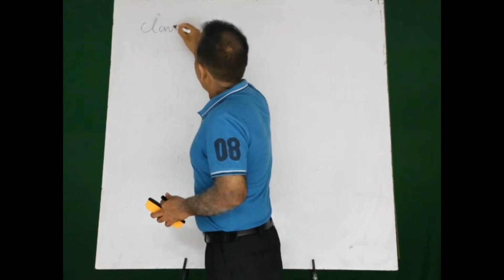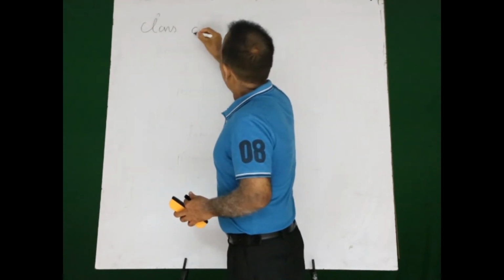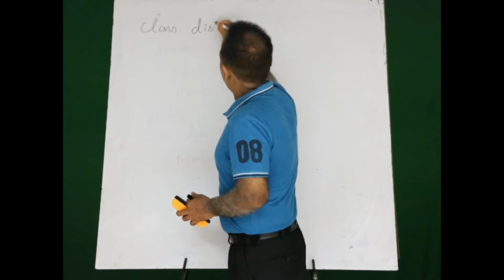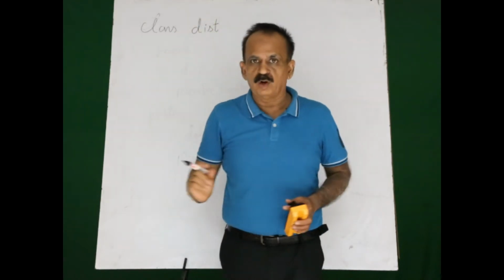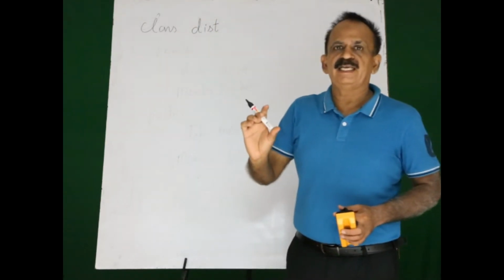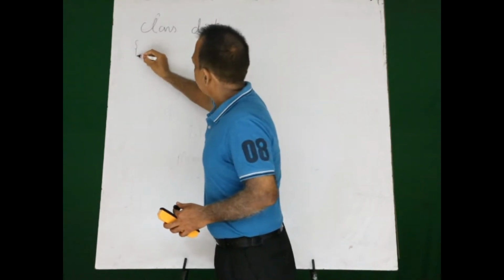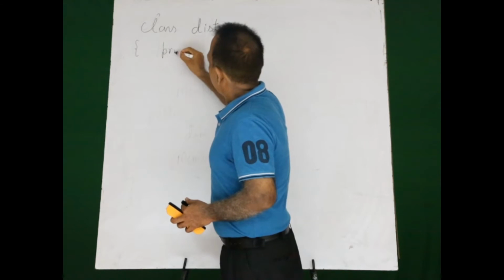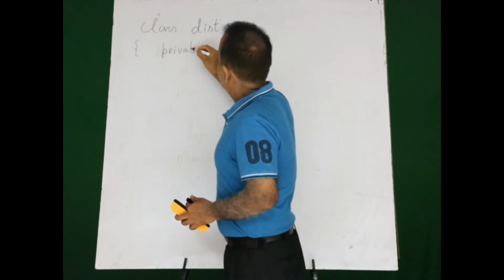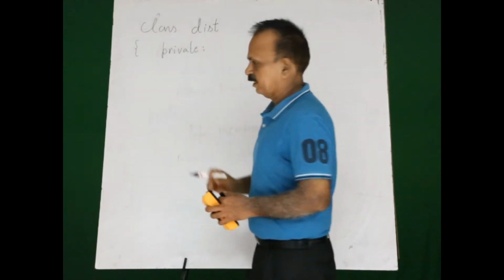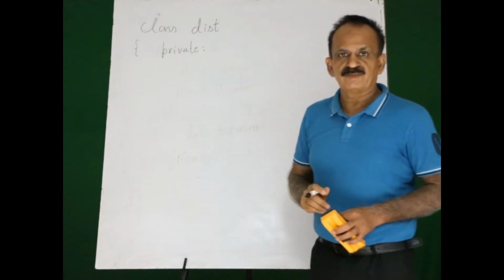According to this structure, I write the class. The word class is again a reserved word. Then distance, a user-defined word giving the name to this particular data type. Then braces. Private: the members which can be accessed within the class or by the members of the class.